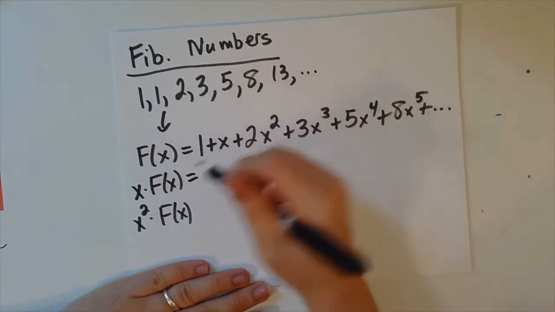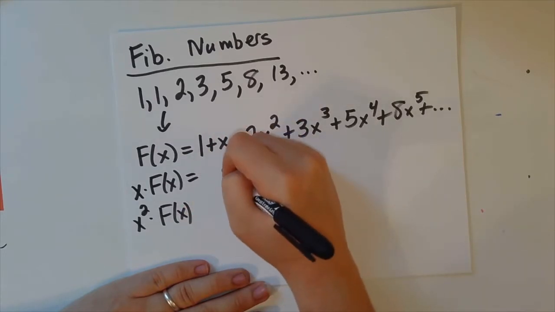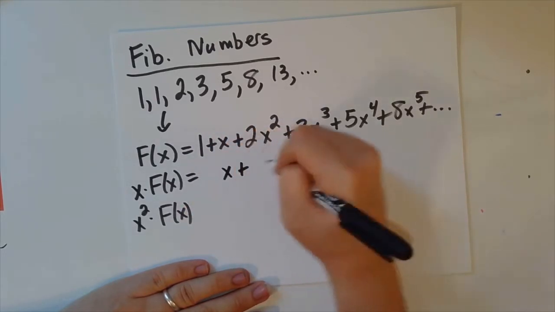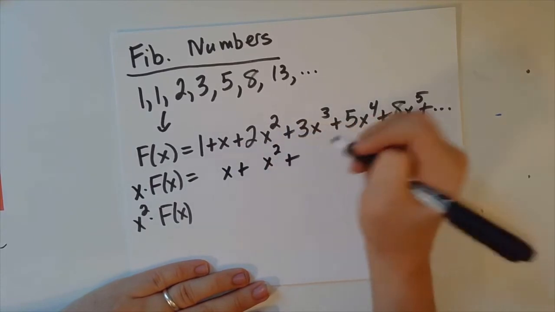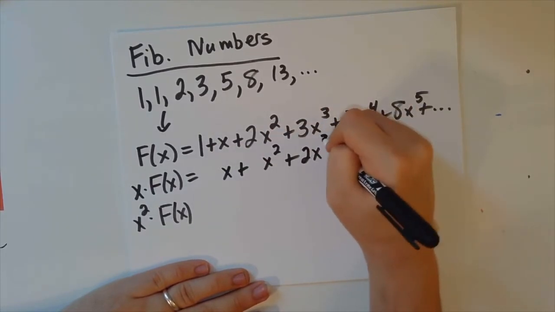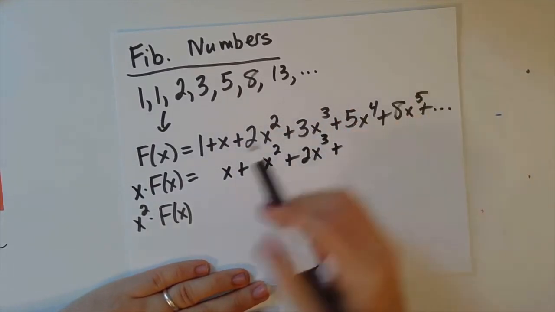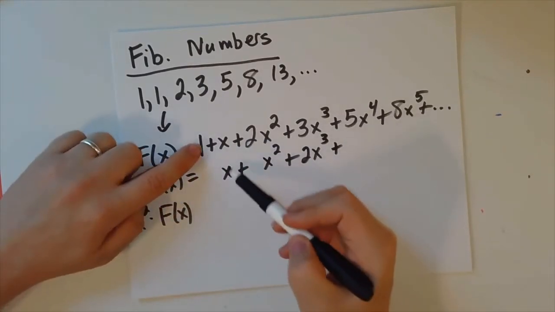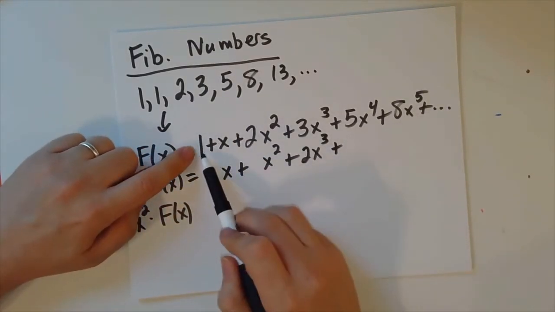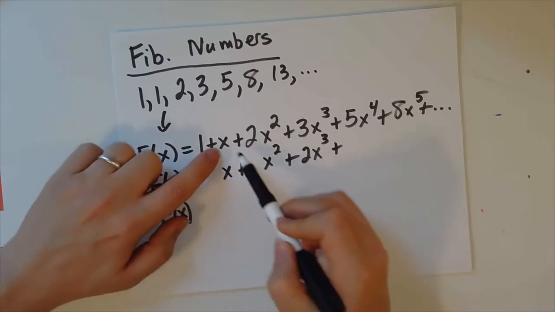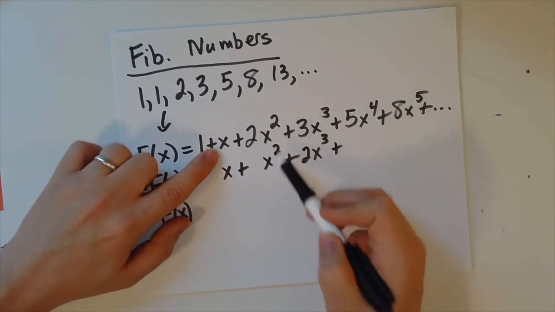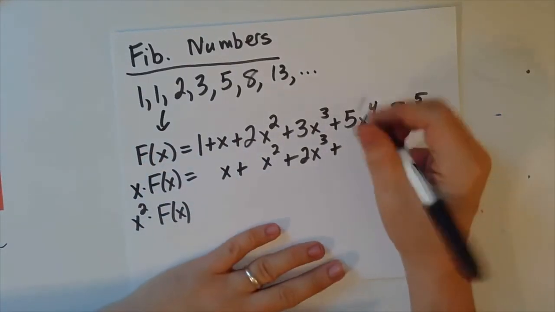Okay, so x times f of x, that's going to be x plus x squared plus 2x cubed plus 3x to the 4th plus 5x to the 5th plus, and so on. Notice what I'm doing is I'm just putting the terms under their matching terms, so 1 times x is x, x times x is x squared, but I'm putting it next to the x squared term.